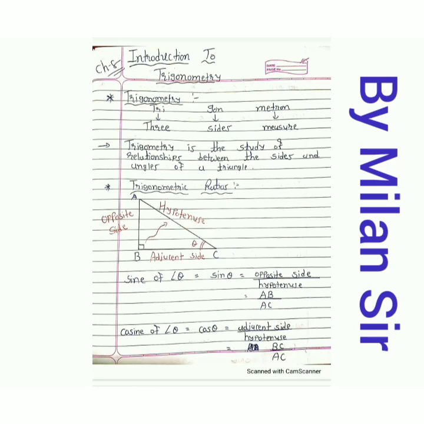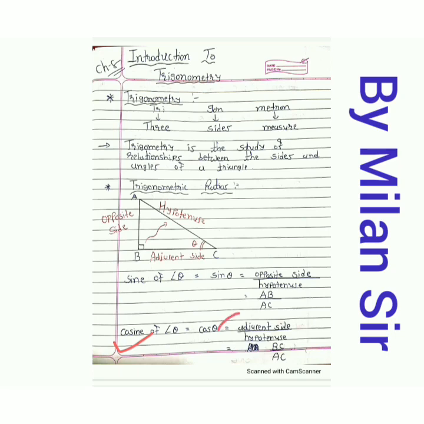Then our second measurement is cos theta. The full form of cos theta is cosine of angle theta. Many students confuse the meaning of cosine, cos or sine, but cosine is the full form of cos theta.